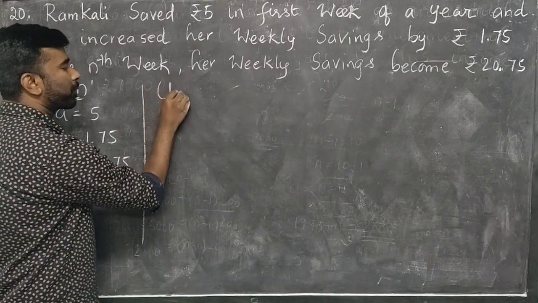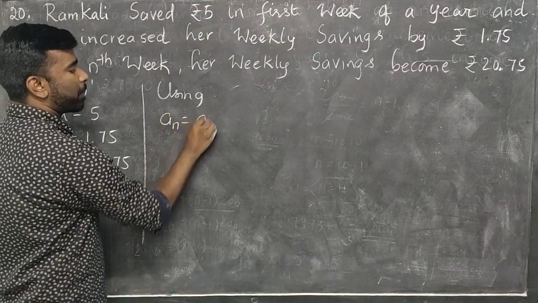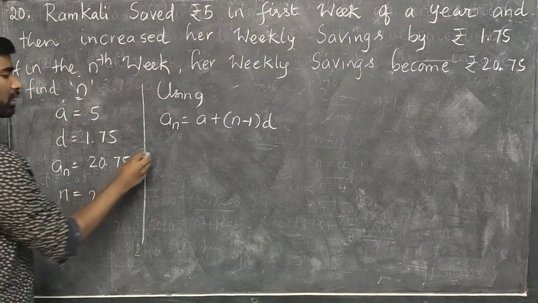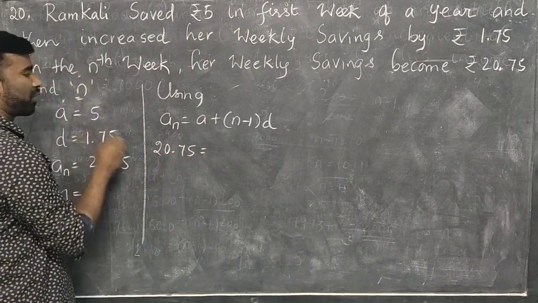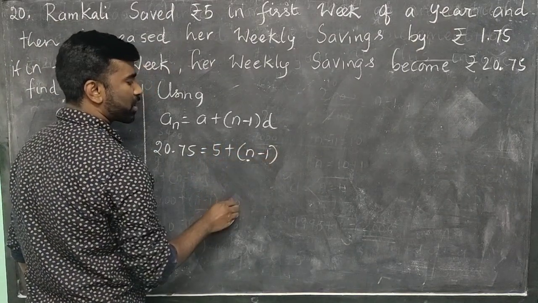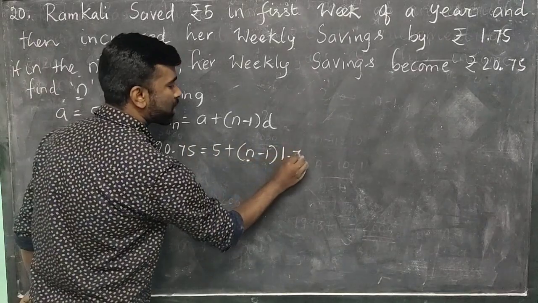Now using the nth term of an AP, an equals a plus n minus 1 into d. an is rupees 20.75, which is equal to a, that is 5, plus n minus 1 as it is, because we should find the value of n, into d, which is 1.75.